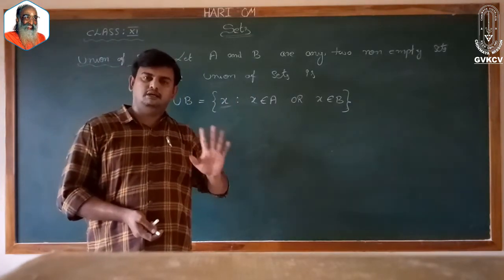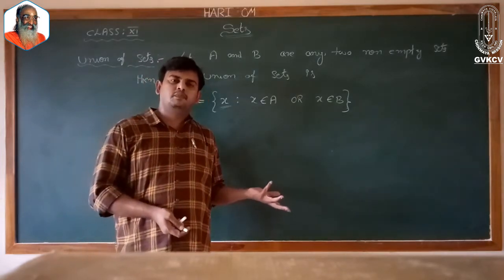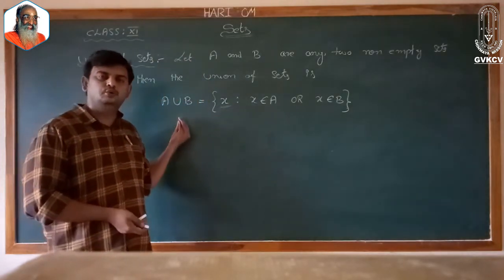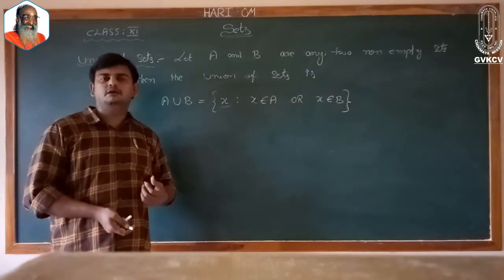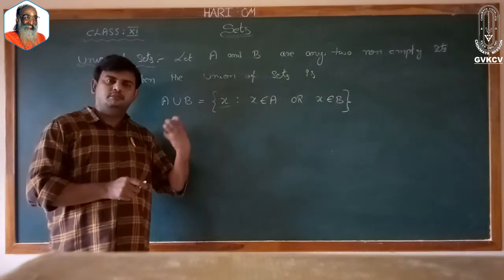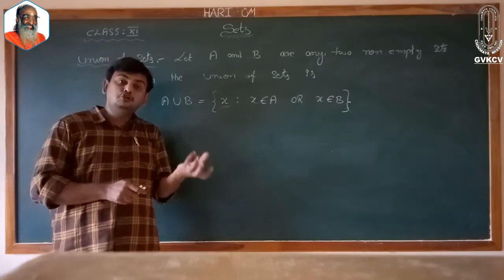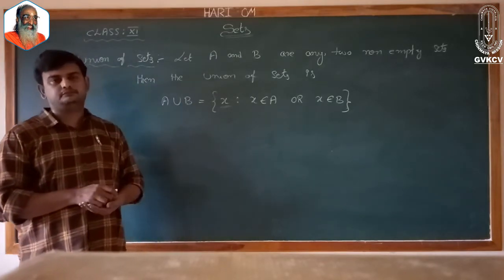Only one set is enough. Here A union B is also a set. So combining all the elements, we are forming a new set. That new set is called A union B.